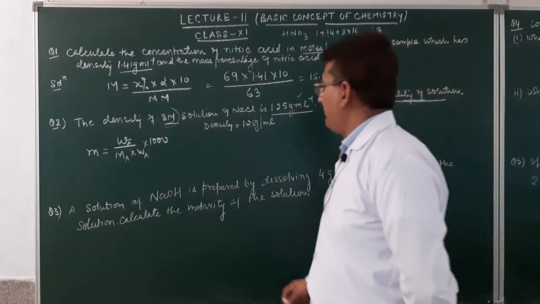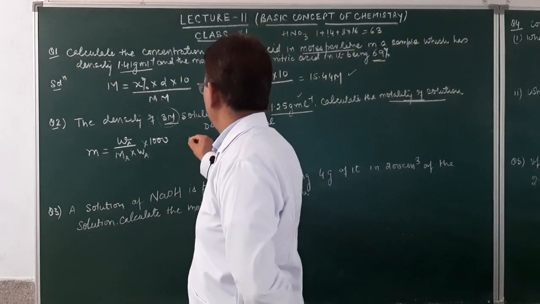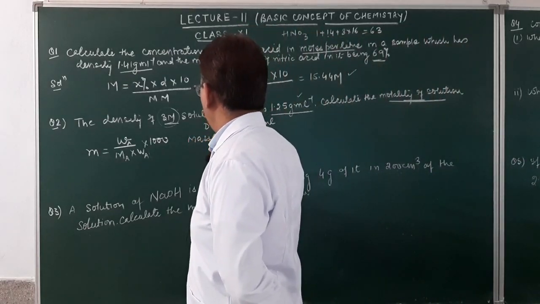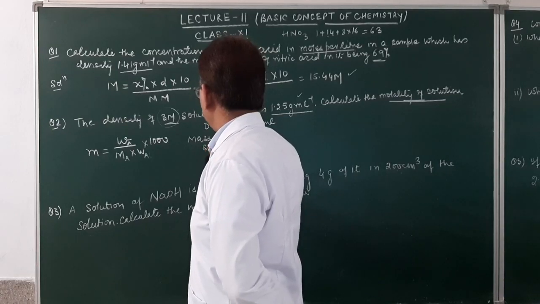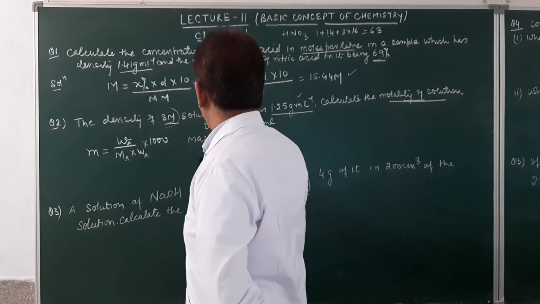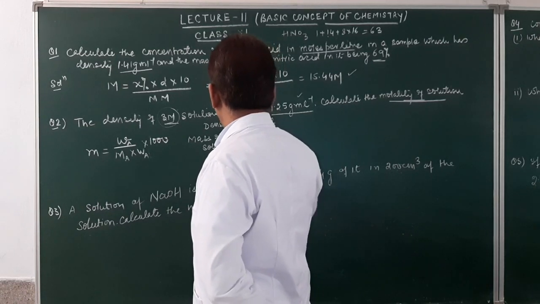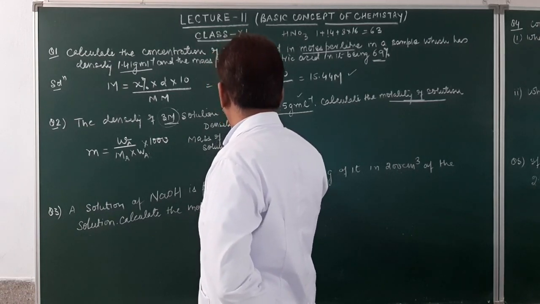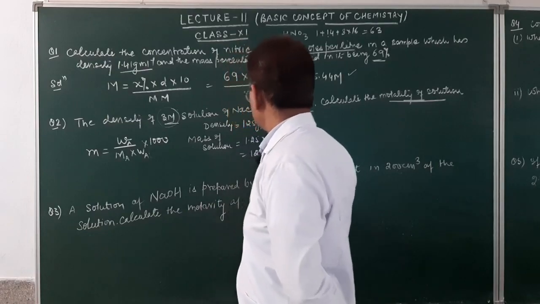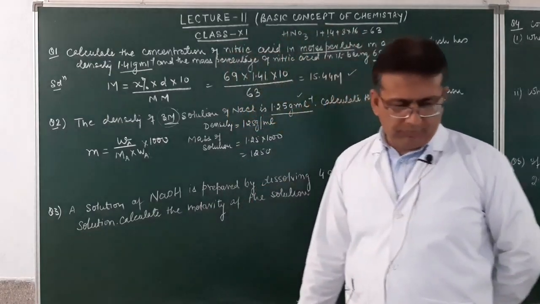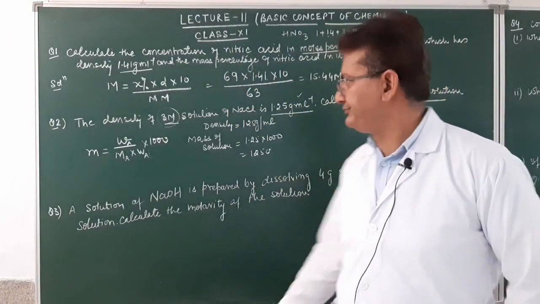So we can find out the mass of the solution from here. Mass of a solution will be equal to what? 1.25 into 1000. This will be equal to 1250.